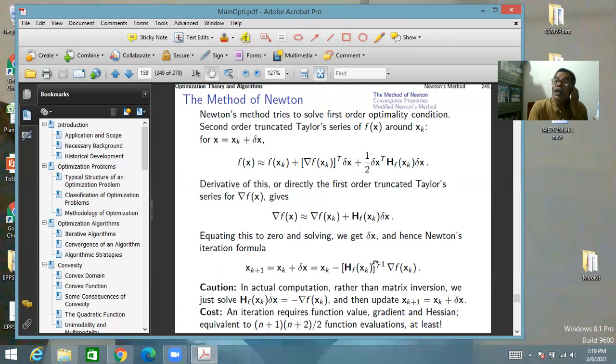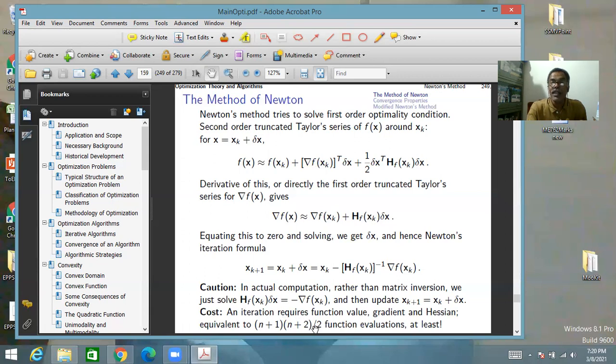Now, what is the cost? These calculations have very little cost. The major cost is the evaluation of the function, gradient, and the Hessian. And Hessian computation means a lot. So if you count, then at the least, these many equivalent function evaluations will be needed.